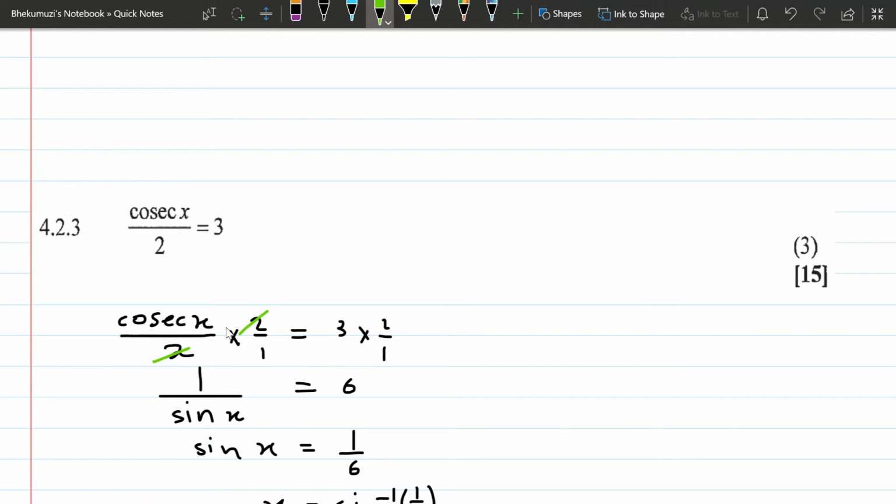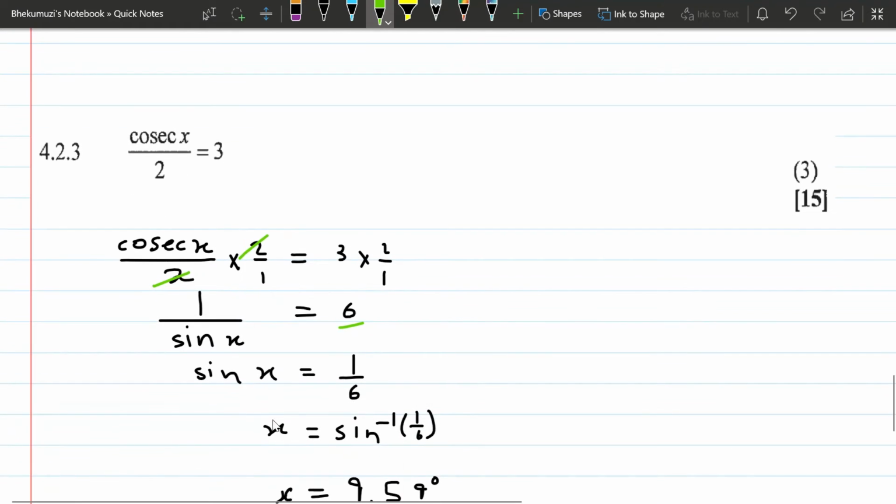Cosec x is the reciprocal, 1 over sine x, so 1 over sine x equals 6. When we swap it around, sine x becomes a normal sine x, and 6 becomes 1 over 6. Then we apply the arcsine of 1 over 6, and therefore we find that it is 9.59 degrees.